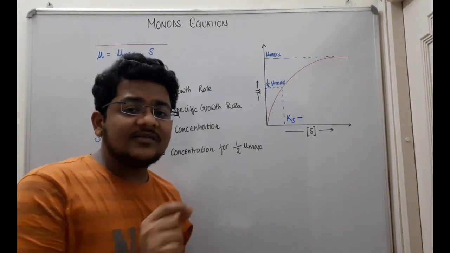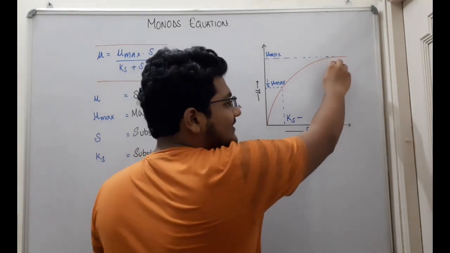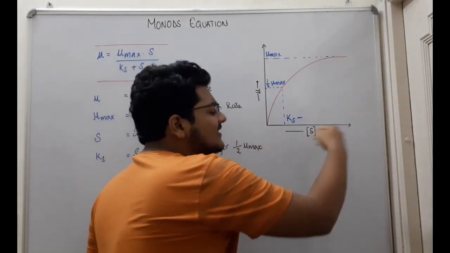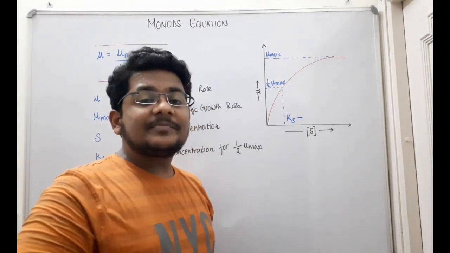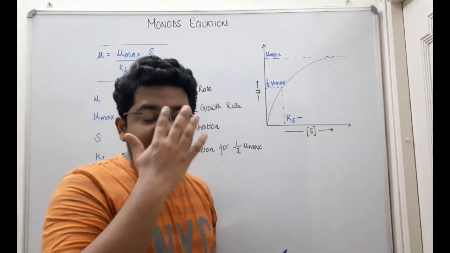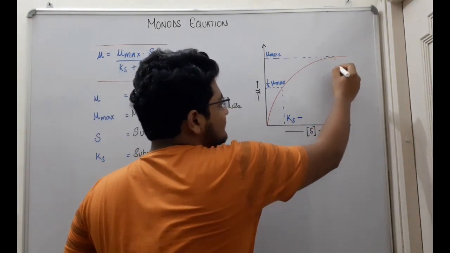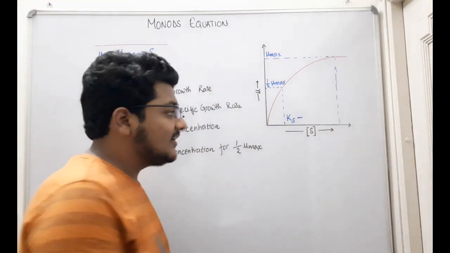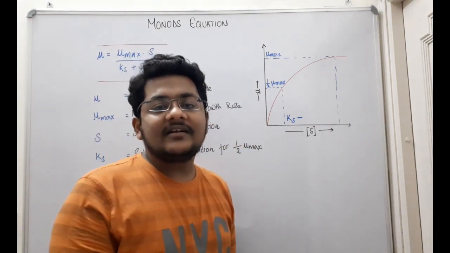Another important thing to understand from this graph is that once we have achieved the maximum specific growth rate, if you increase the substrate concentration to whatever level, it does not affect the specific growth rate. It is neither going to decrease nor increase. This is the concentration at which you have achieved the maximum specific growth rate, and if you increase the substrate concentration beyond that, the specific growth rate is independent of the substrate concentration.